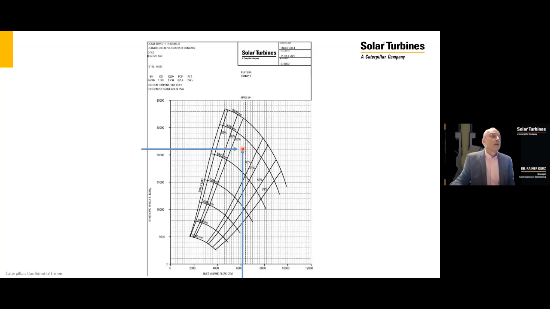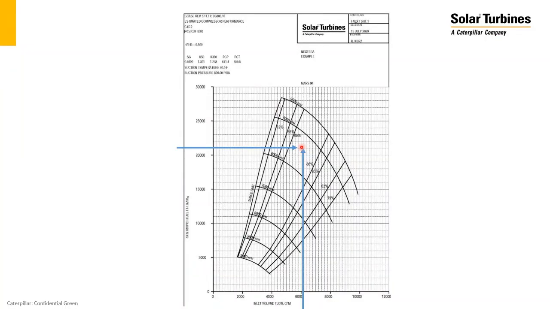It should run a little under 9,000 RPM, and it should have an efficiency of about 86% or so.